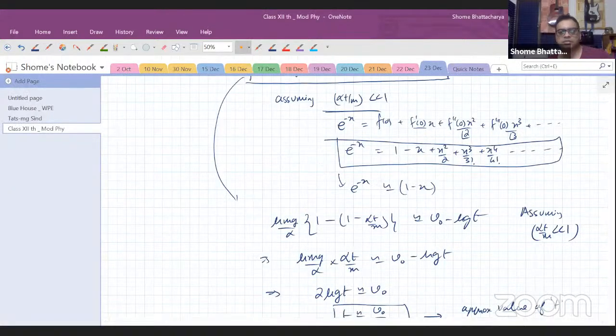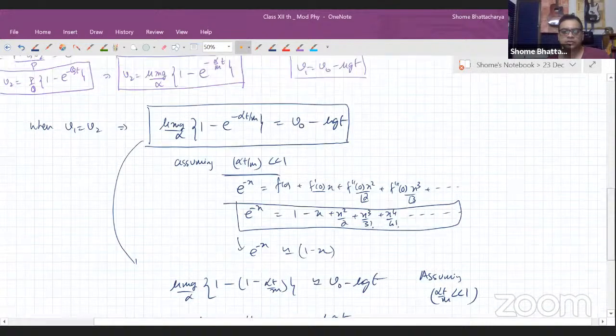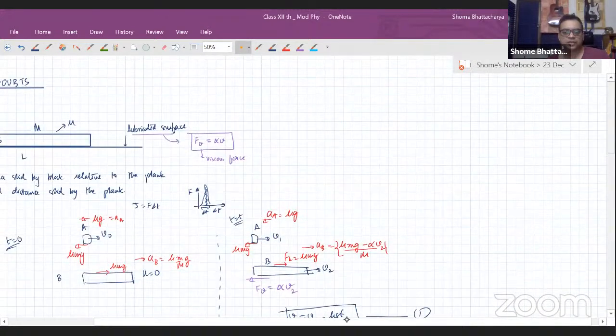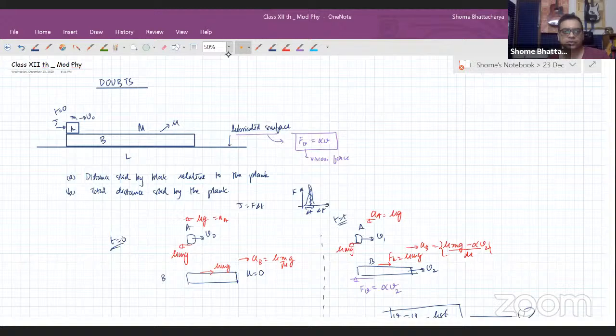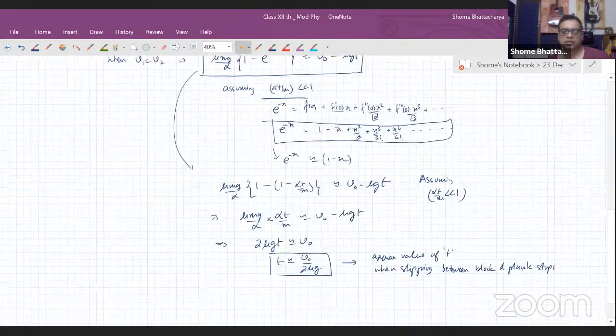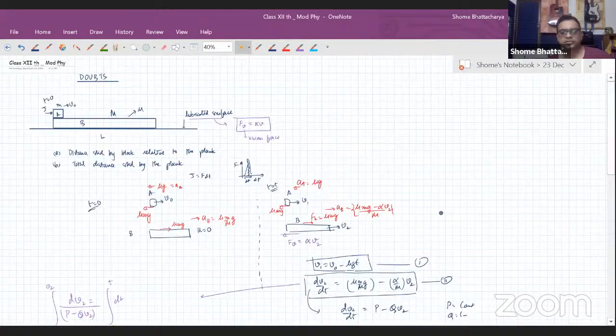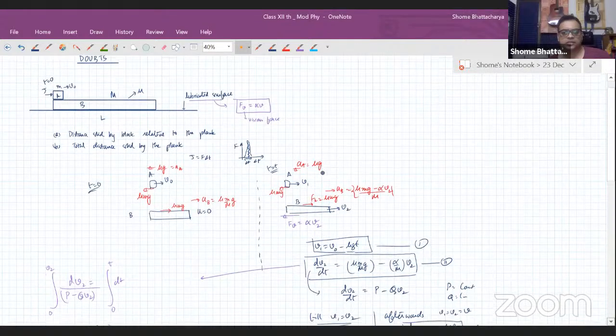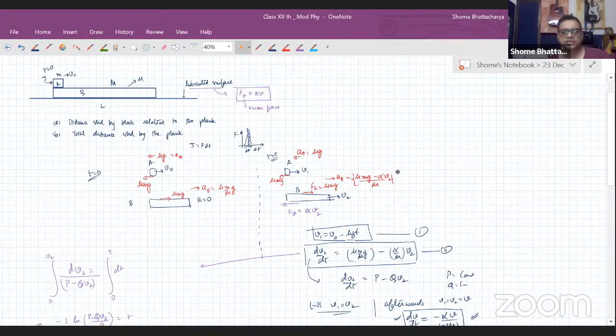Let me explain the whole thing to everybody once more. Let's go over what we have done till now. We made the free body diagrams of the block and the wedge at some general time t when slipping is occurring. So these FBDs are for when V1 is greater than V2, so they are slipping at that point of time.